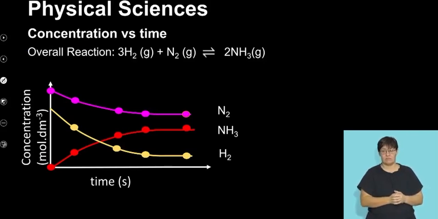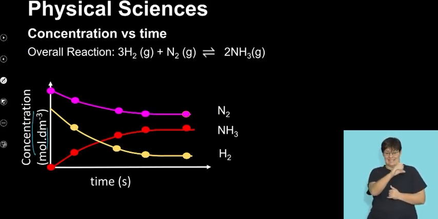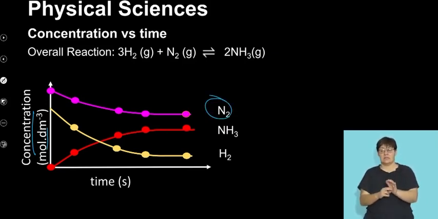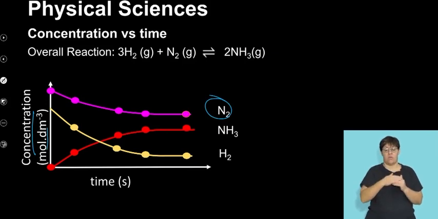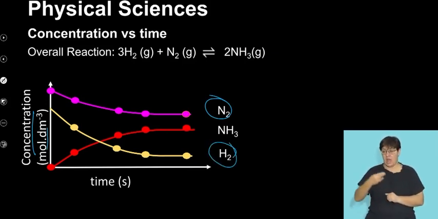When we look at the concentration time graph for the same reaction, I want you to remember that I'm now looking at concentration. So the purple pink part will represent what happens to nitrogen over time. The yellow is what happens to hydrogen over time, and the red, the ammonia.